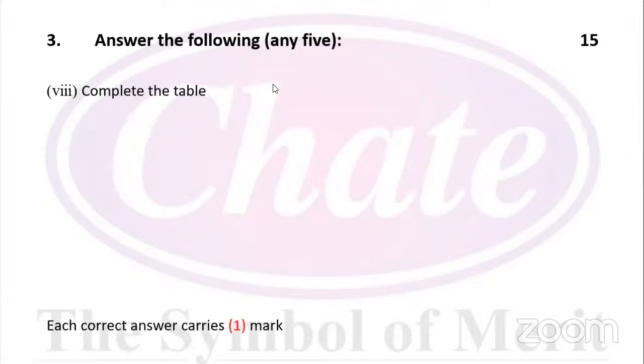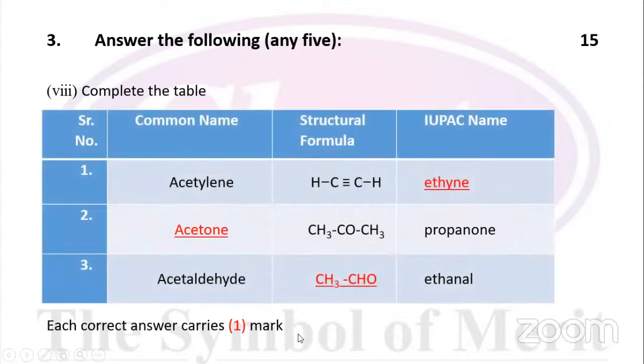Okay, next, complete the table. So they have given you one table, and each correct answer carries 1 mark. They have given the common names, structural formula, and IUPAC name. So in the first row, they asked to write down the IUPAC name for acetylene, and the structural formula for acetylene is given like this.